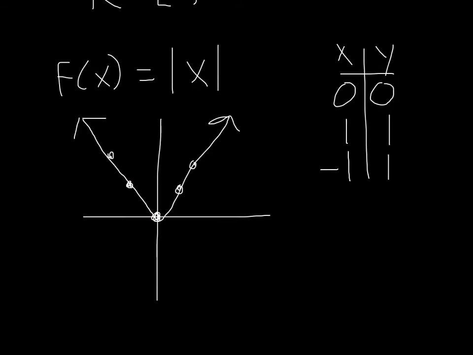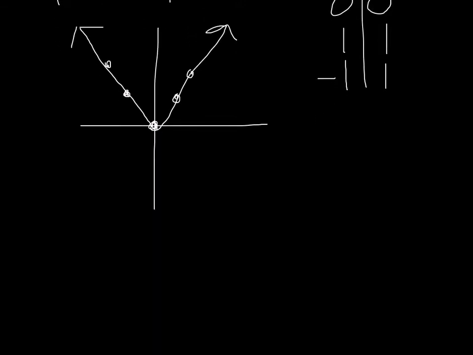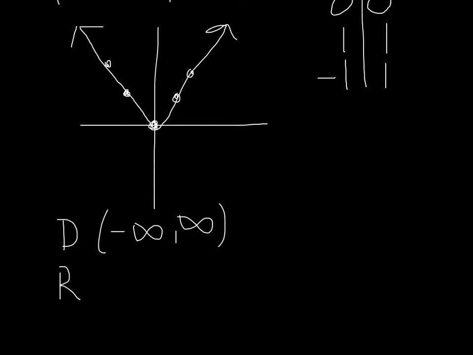So again, we ask ourselves how far left and how far right it goes. So the domain, this graph goes all the way to the left because of this, and all the way to the right because of that arrow. So we see negative infinity, comma infinity. And then the range, those are the y values.